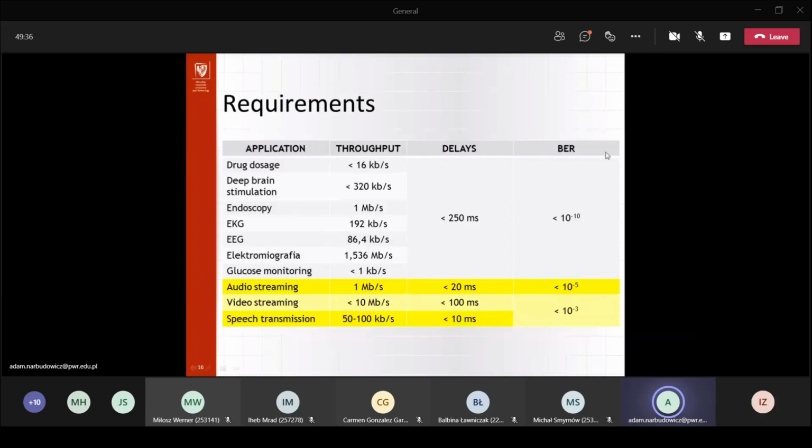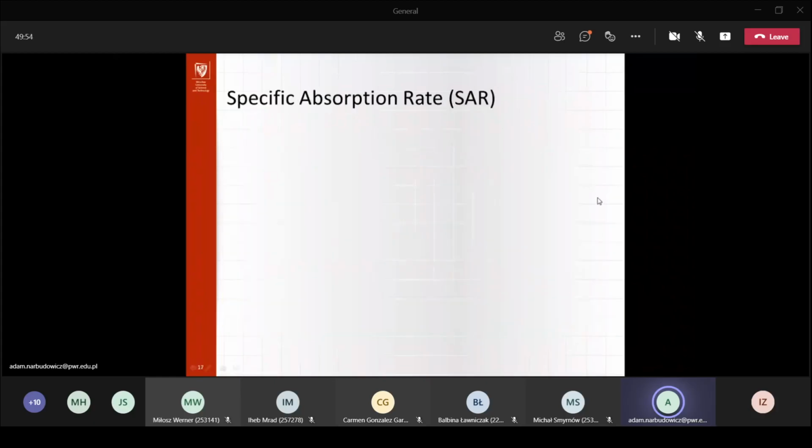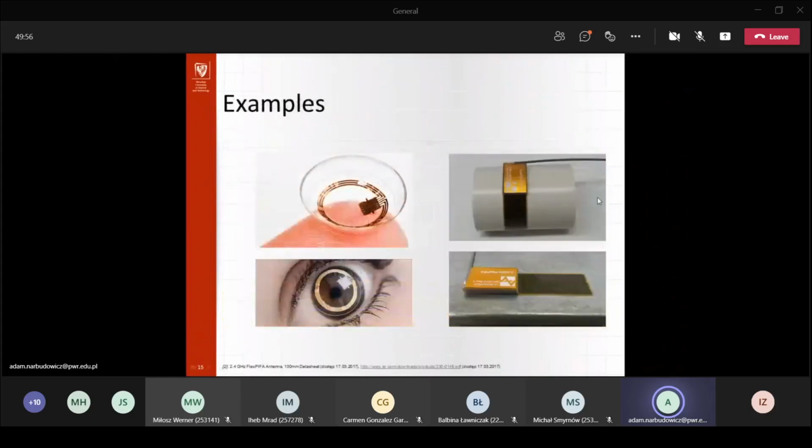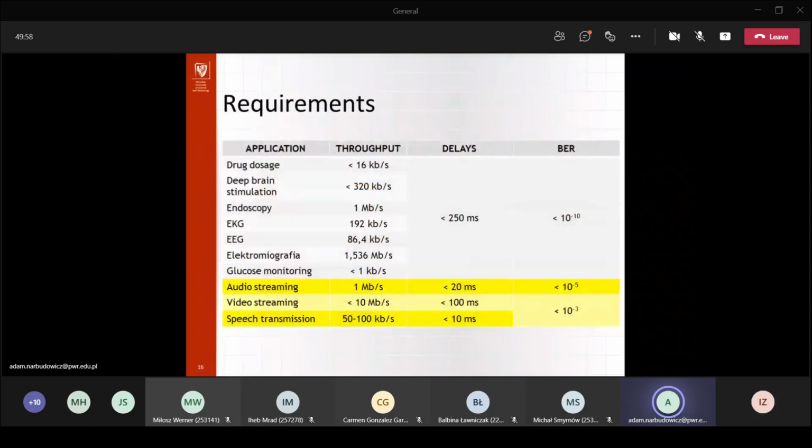So the bit error rate for medical applications is much more strict than for common applications. This basically means that only one bit over 10 to the power 10 might be flipped, as opposed to streaming applications. And the reason behind that is that those are very often life critical applications.